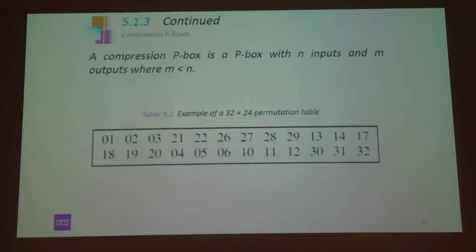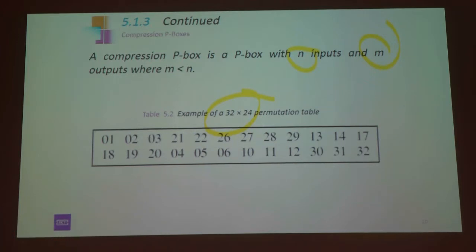Where do I have a picture? In here, this is a different one. We have a P box with N inputs and M outputs, so it's not a straight one. This is 32 by 24. That means how many inputs do I have? 32. How many outputs? 24.